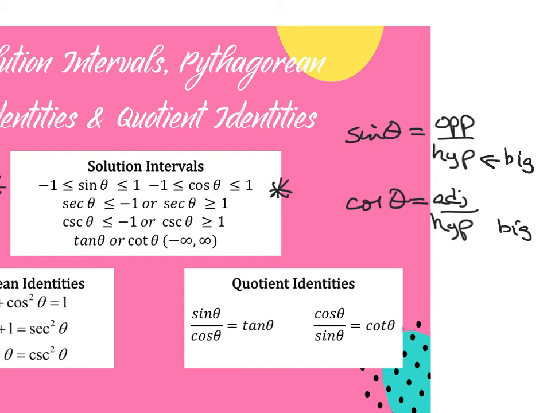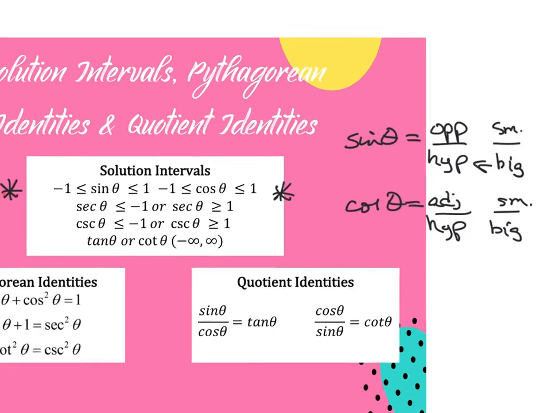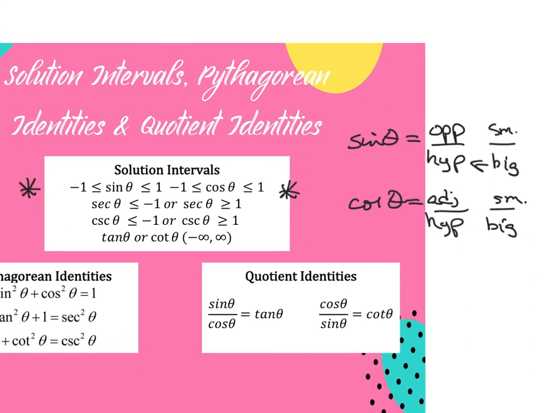So when you're putting the numbers in here, you're doing a smaller number over a bigger number. So this is why the answer for sine and cosine is always going to be a fraction. It might be a negative fraction, but it's got to be a number between -1 and +1.